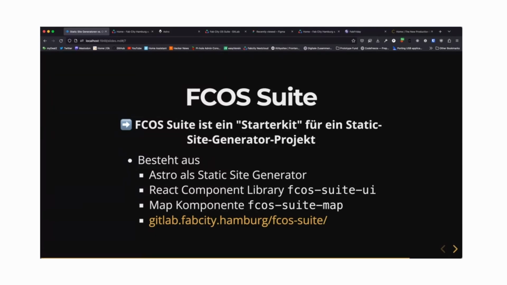Astro is the name of the specific tool that generates these websites. For these static site generators, you might have heard of other tools like Jekyll or Hugo or 11ty. These are very popular site generators, older ones. Astro is a pretty new tool. I think it's only been around for like 3 years, but it is gaining a lot of popularity.